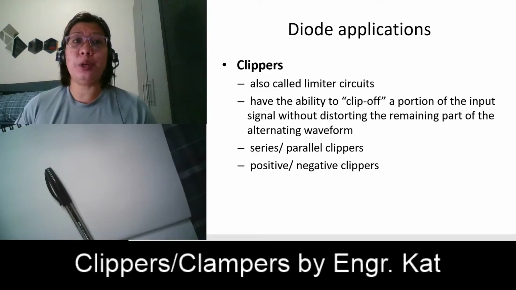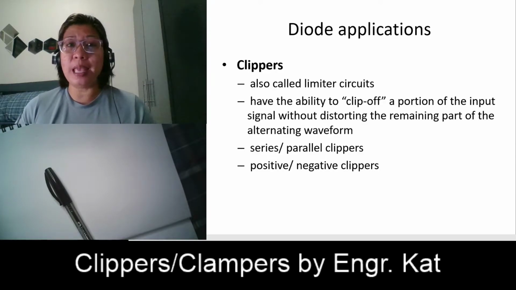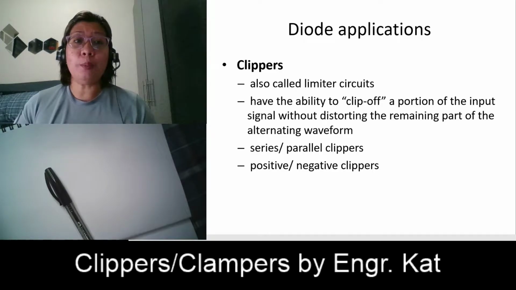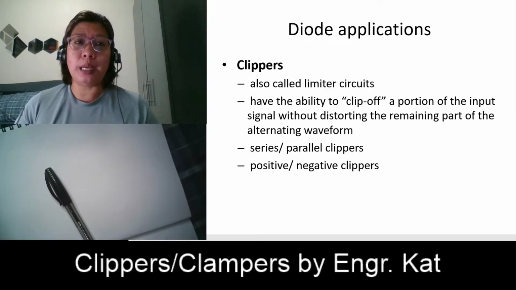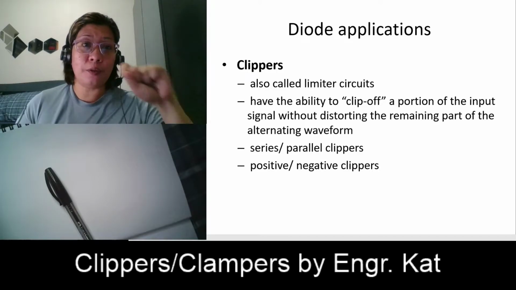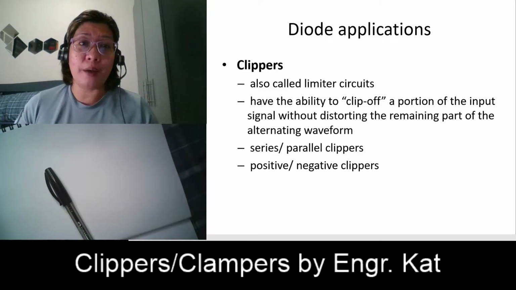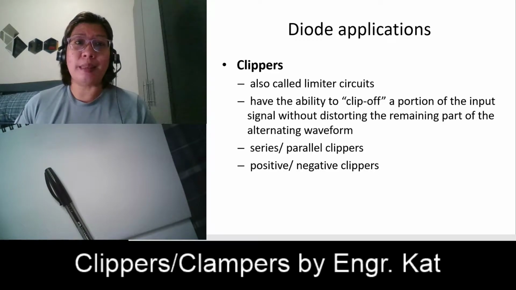We can also categorize clippers as positive and negative clippers. If we remove a portion of the positive half cycle of your signal, we call that a positive clipper, and if we remove a portion of the negative half of your signal, we call it a negative clipper.